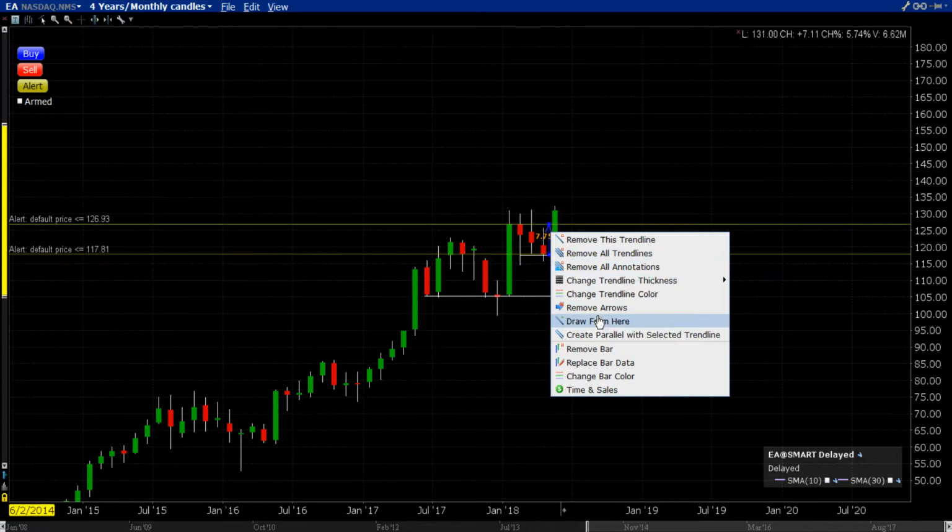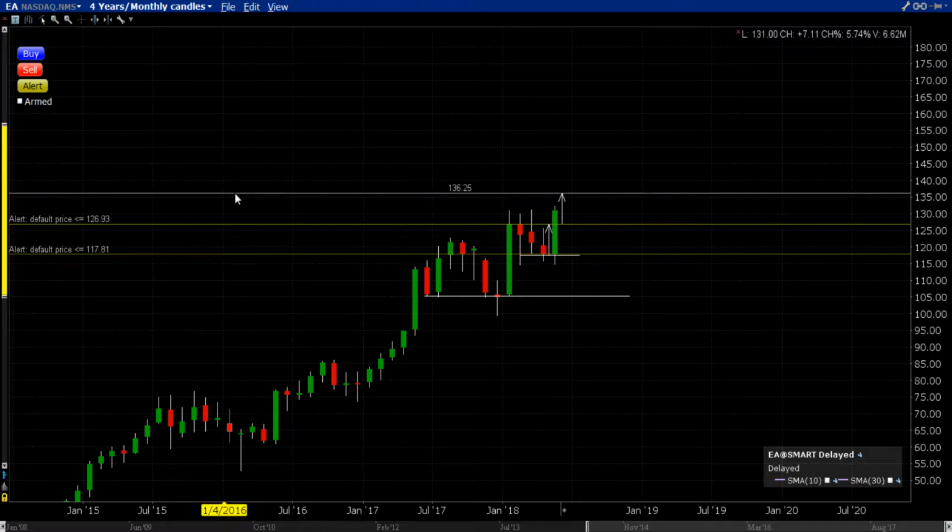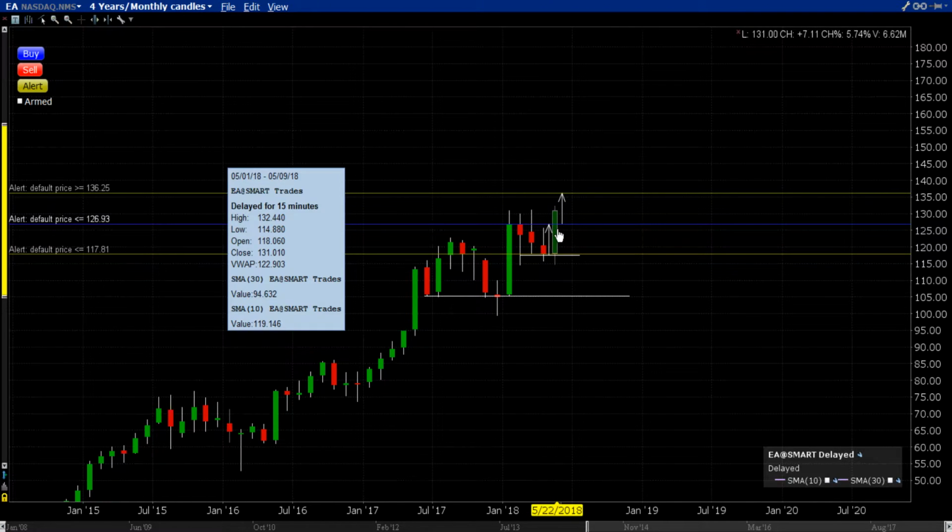Here, added to a breakout line. And if I have a May monthly candle close above the 127, my measured move is all the way to 136. So already we're on the right side of a breakout on the monthly candle chart. Just have to wait for a close above that, right?